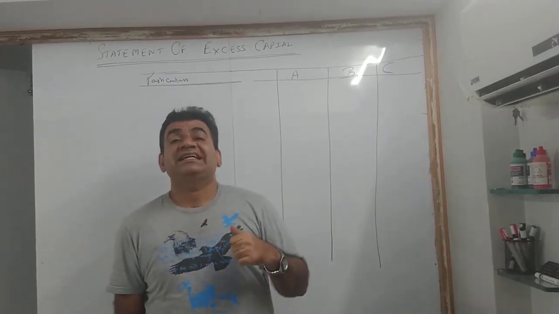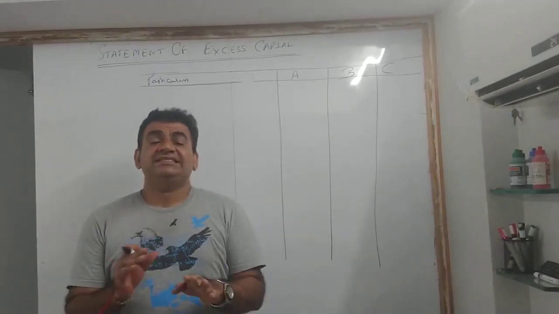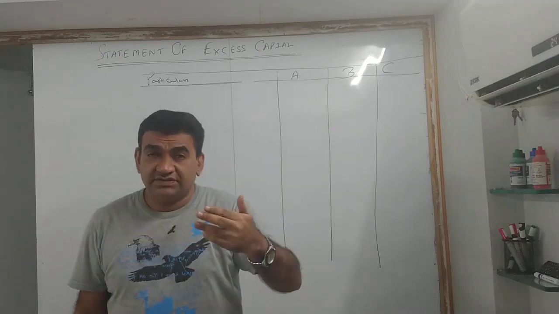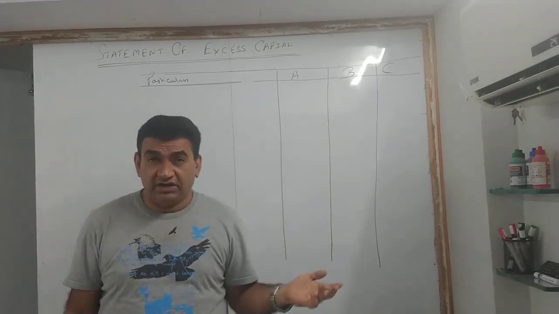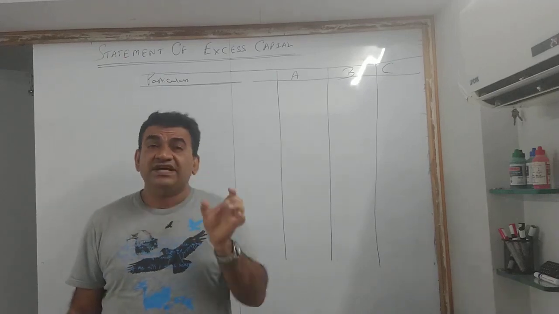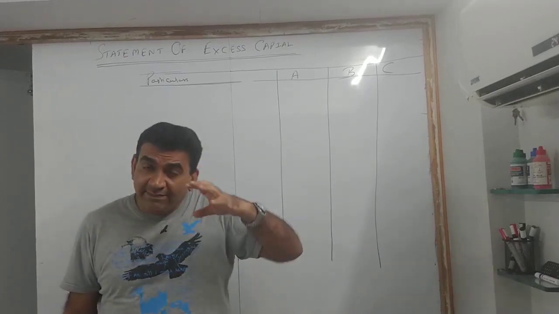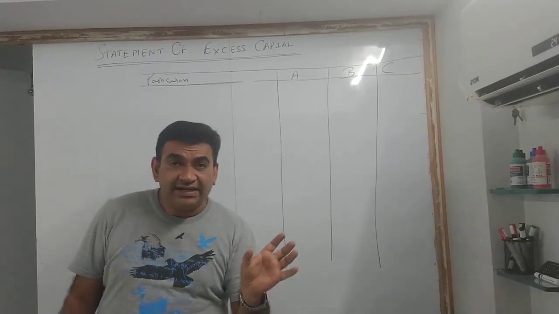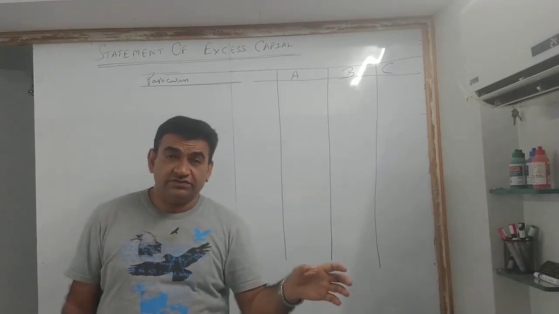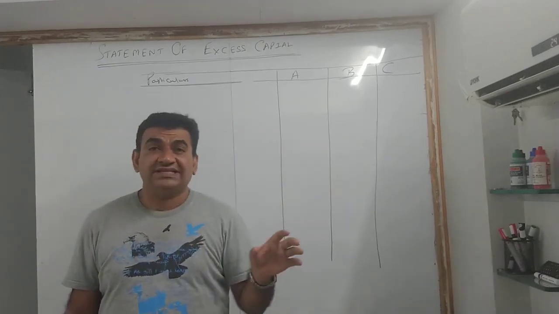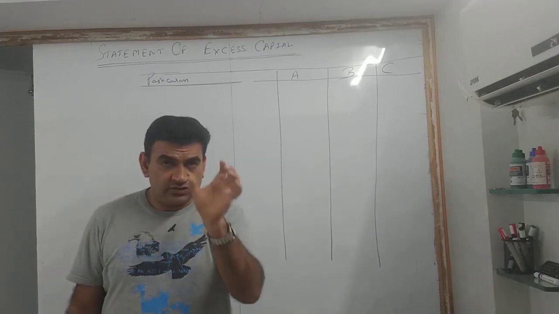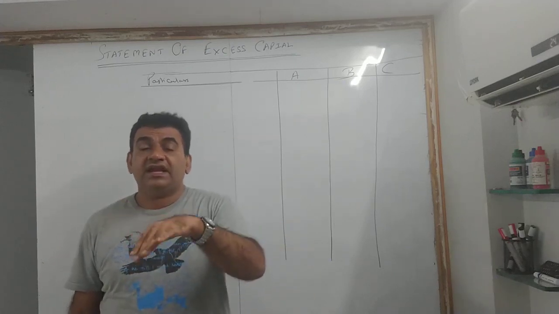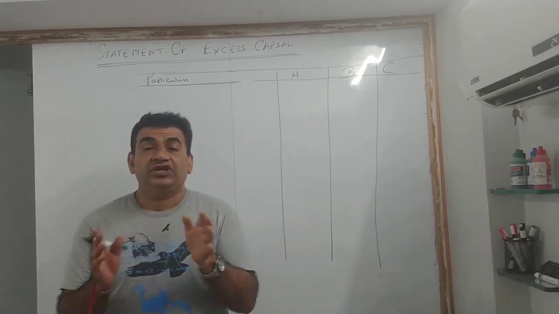First you have to see what the capital is. Now if you see in this sum there is only capital. When I say only capital, it means there are no reserves like general reserve, reserve fund, profit and loss. If those reserves are there, then to the capital amount you have to add the share of reserves, and capital plus the share of reserves minus the share of any losses is called actual capital.